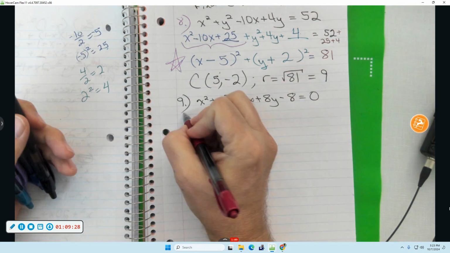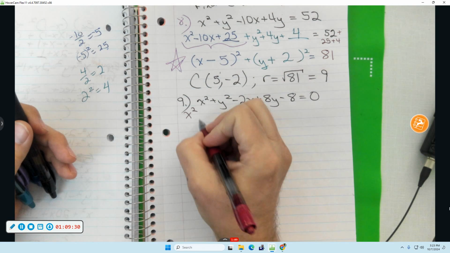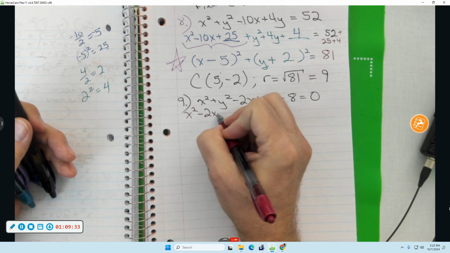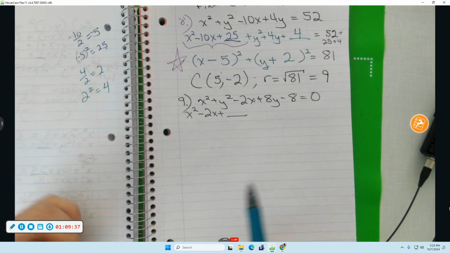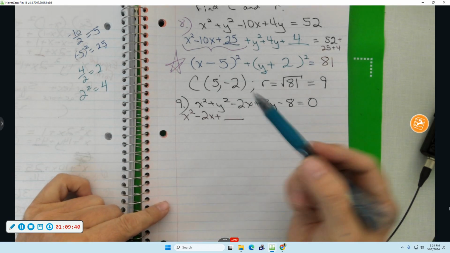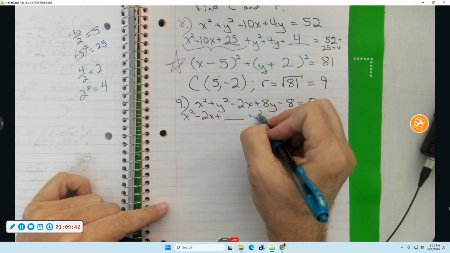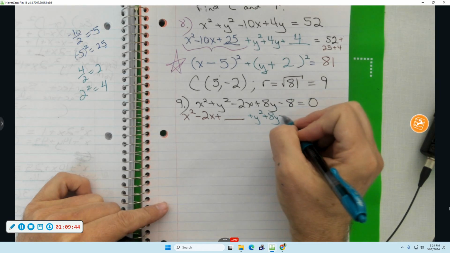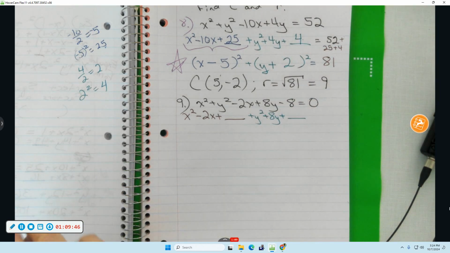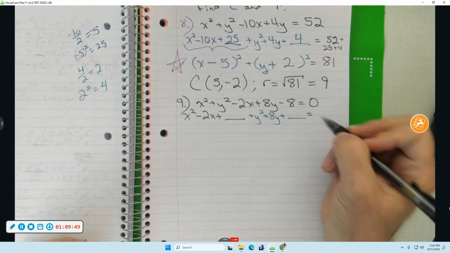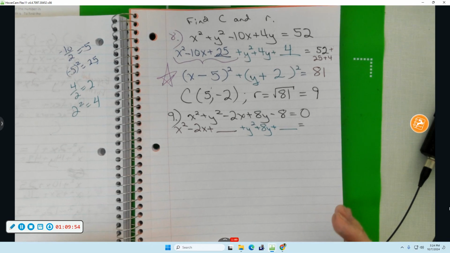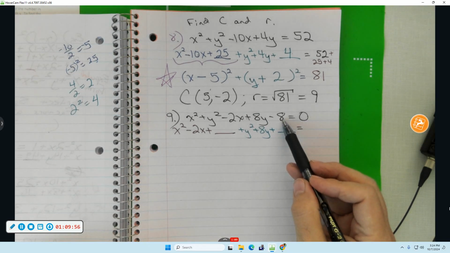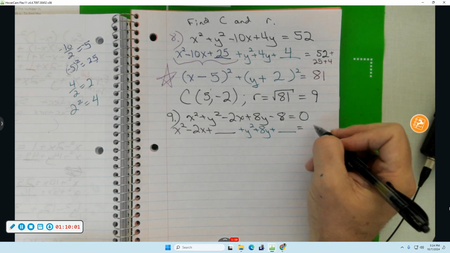But here, x squared, group the x terms together, plus skip some space. Do the same thing for the y terms. We have a plus y squared, plus 8y, plus skip some space. Uh-oh, what are we going to have to do with that minus 8? This number right here, what are we going to have to do with it? Okay, so we have a positive 8.